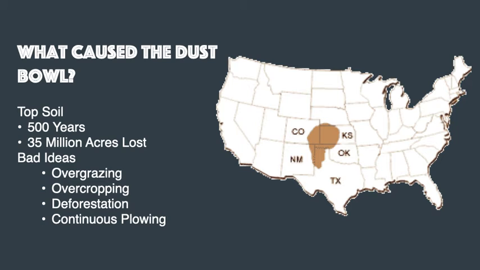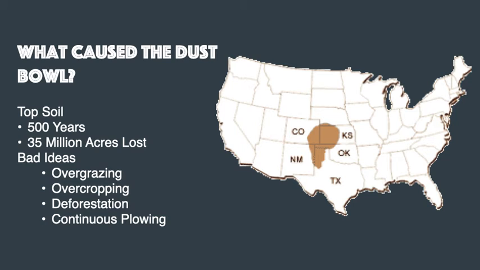By the end of the Dust Bowl, though, 35 million acres of this land will be worthless for farming, and 125 million more acres will have lost most of the topsoil, right? The topsoil is what's got the nutrients in it, that sort of thing.